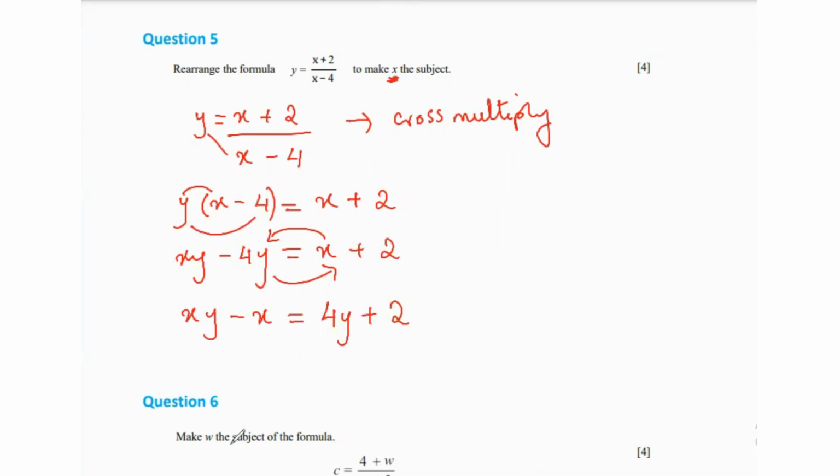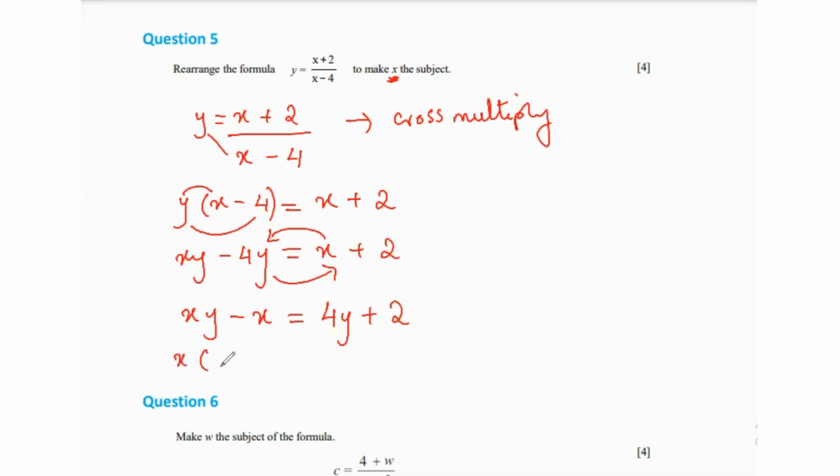Next step after this is, since once again x has to be the subject, we need to take x common first from the left hand side, because right now there's a y and we can't make x the subject with that y within the equation.